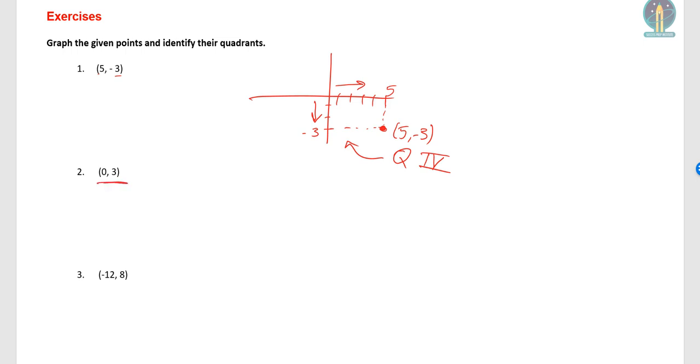Okay, 0 and 3. On x, it's telling me to move 0. So I'm going to start from the origin, and I'm going to move 0, which is not moving at all. So the x value is going to be at 0 on the x number line.